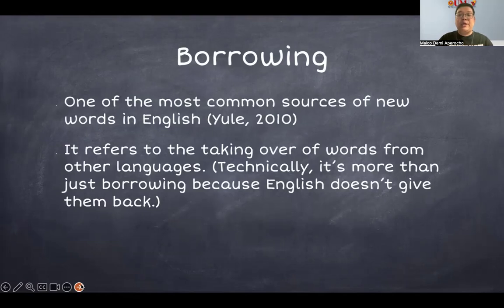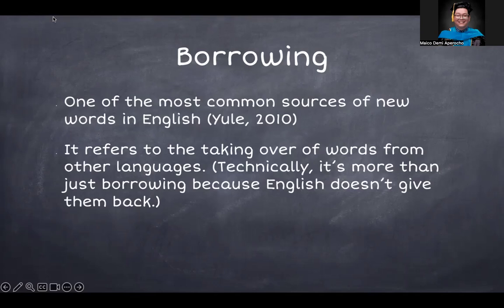Next one, we have the process of borrowing, one of the most common sources of new words in English, according to Yule in 2010. So basically, borrowing involves taking over of words from other languages. Technically, it's more than just borrowing because English doesn't give them back.